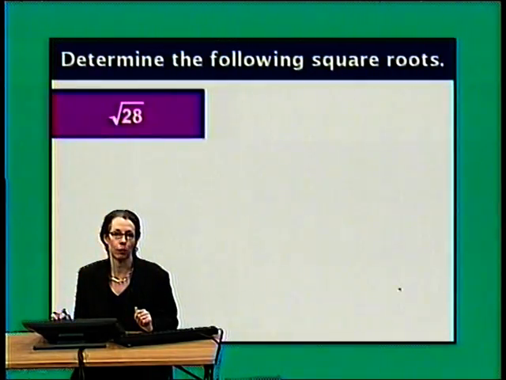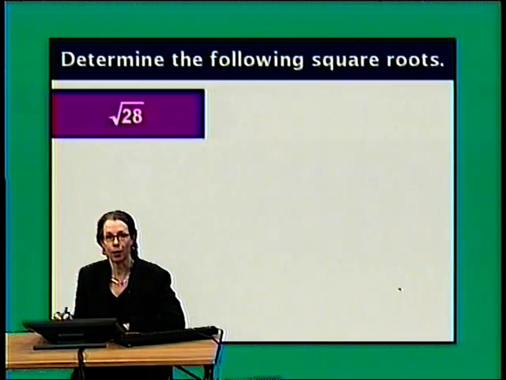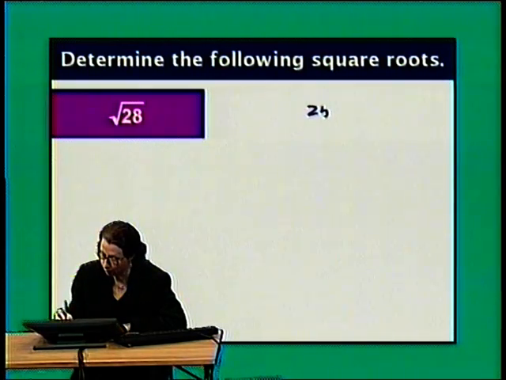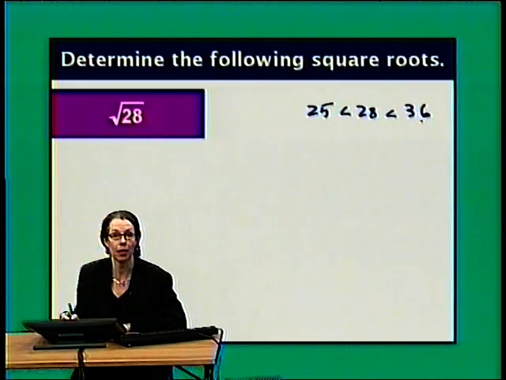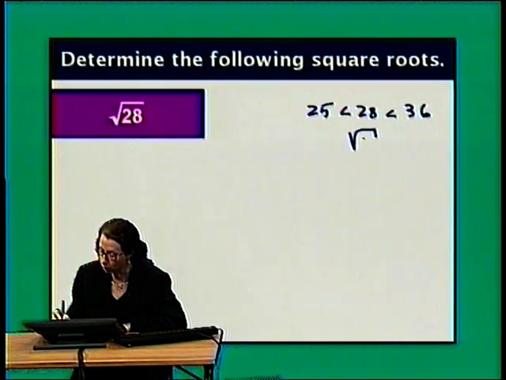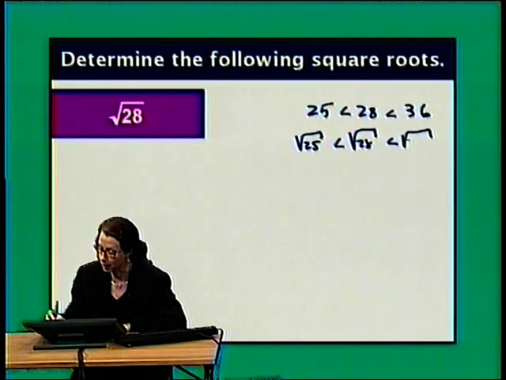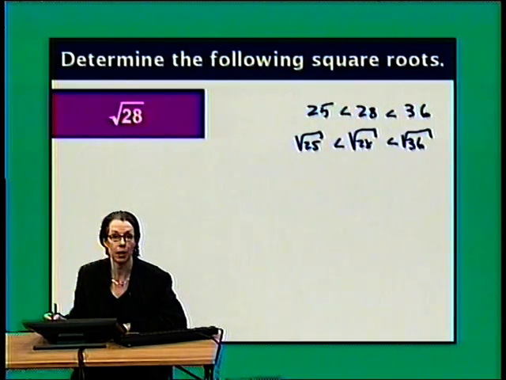How about the square root of 28? 28 again is not a perfect square, but 28 lives between two perfect squares. It's bigger than 25 and it's less than 36. So what does that tell me about the square root of 28? Well, the square root of 28 is going to be bigger than the square root of 25 and less than the square root of 36.